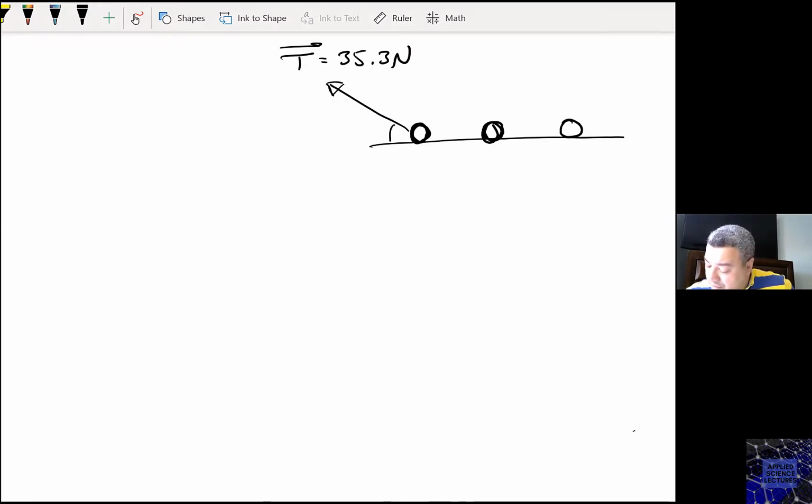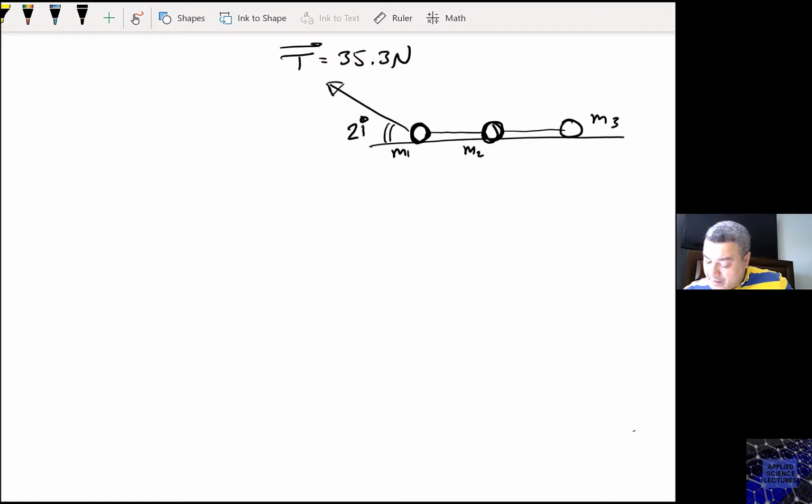Then the angle here is 21 degrees. Then I have 2 connections of ropes between those carts. So this is M1, M2, M3.